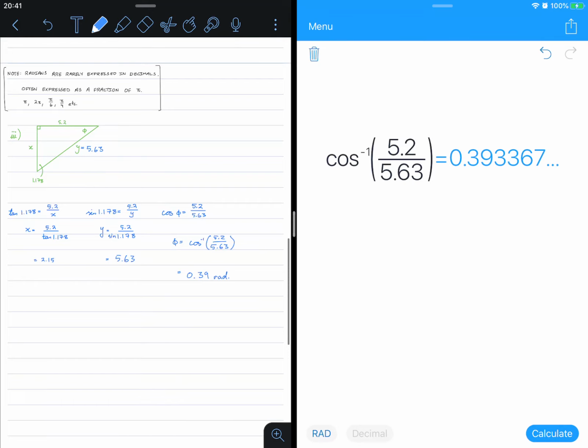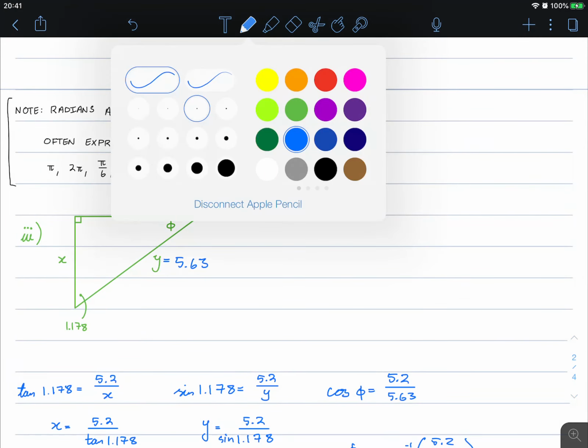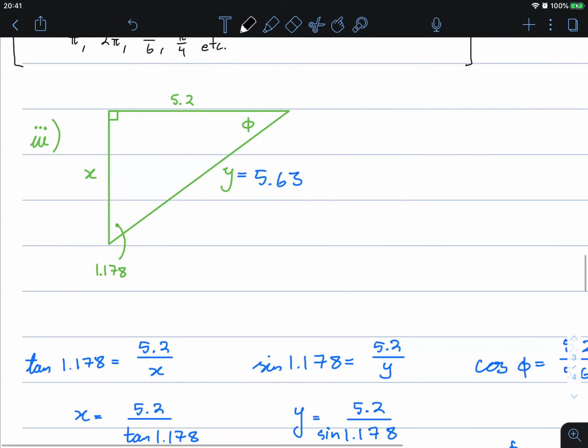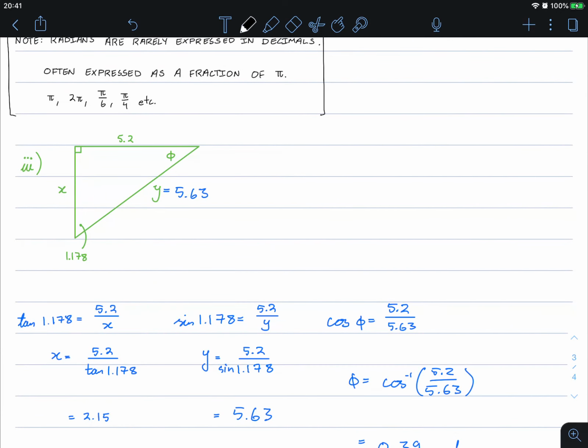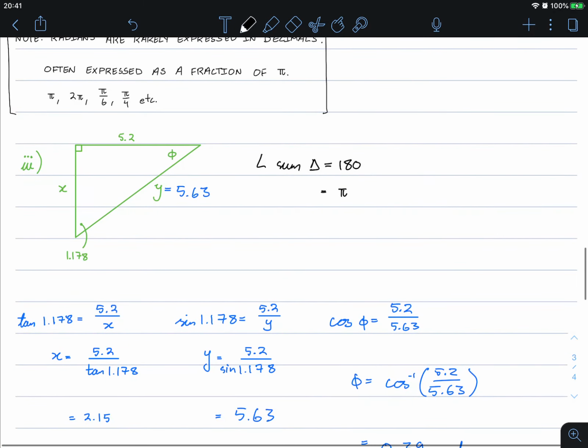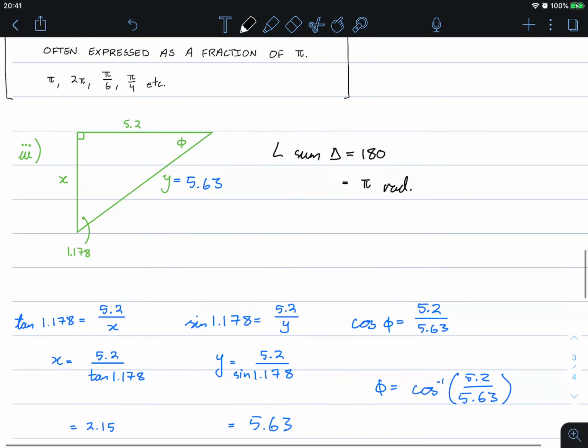However, if we utilize some properties of triangles, the angle sum of a triangle is 180 degrees, which is equal to pi radians. We have 90 degrees, which is pi on 2 radians, and 1.178.